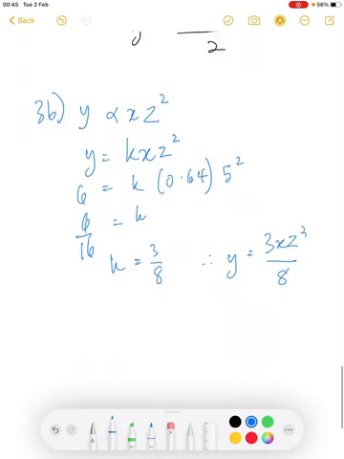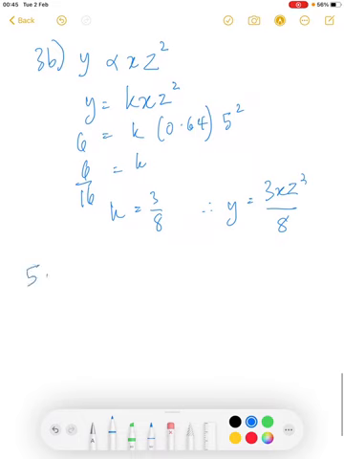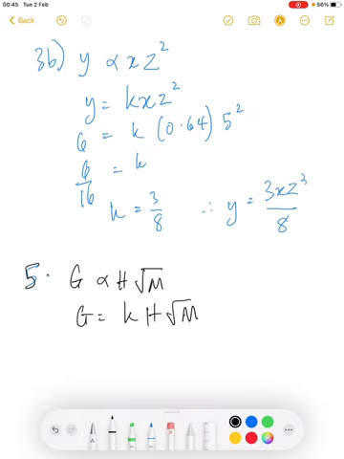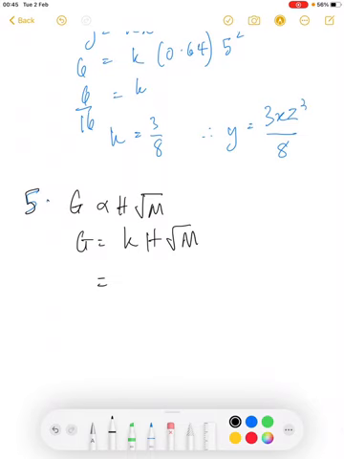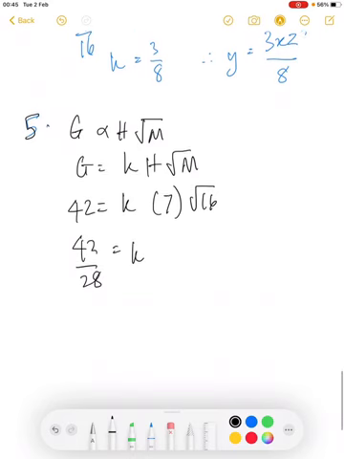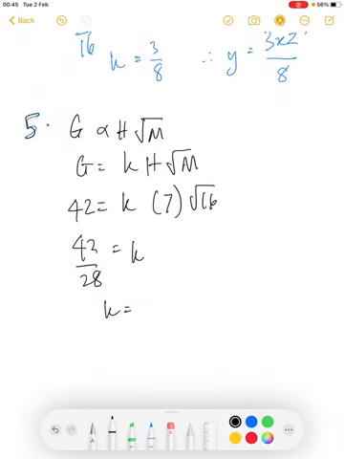Next, number 5. Number 5. The value of G when H equals to... okay, G varies directly as H and the square root of M. So G equals K H square root of M. Okay, K 7 the square root of 16, G 42, 28, 42 over 28 equals to K. So K equals to 3 over 2.